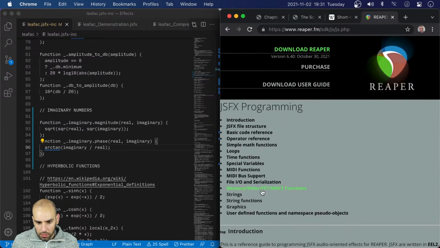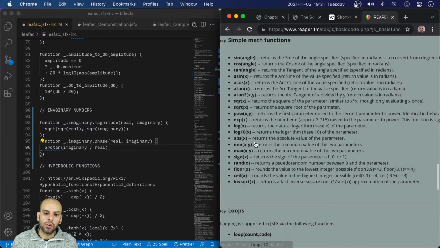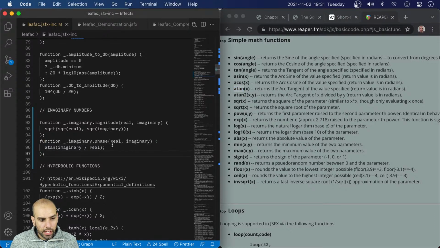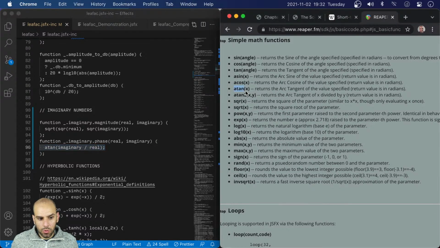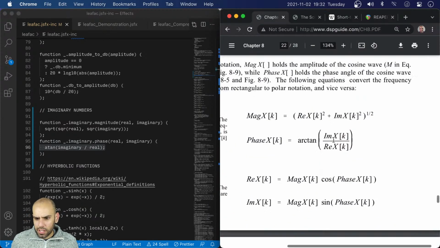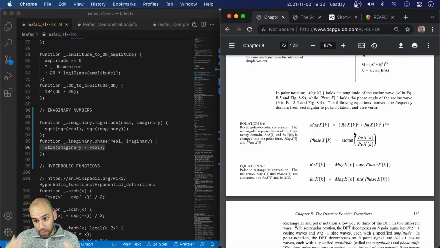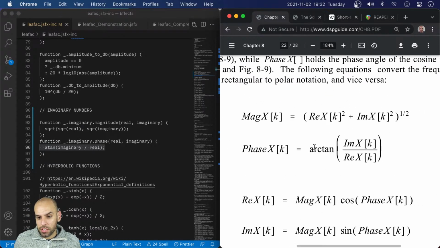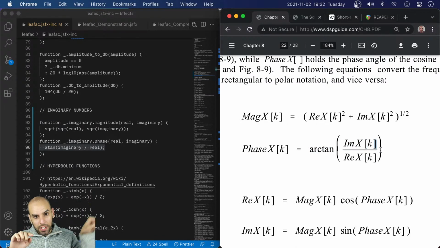Come on, get me there. Oh, please, yes, there you go. So arctan, it's just atan, okay. And this is something that comes with REAPER, so I could just do this, but this is not so simple, because this is going to give you an angle, but the angle of 0 is equal to 360, right?